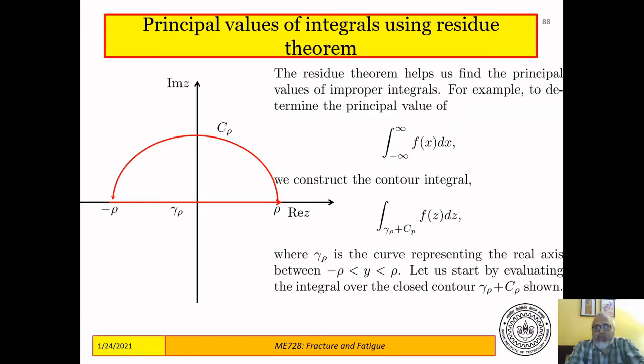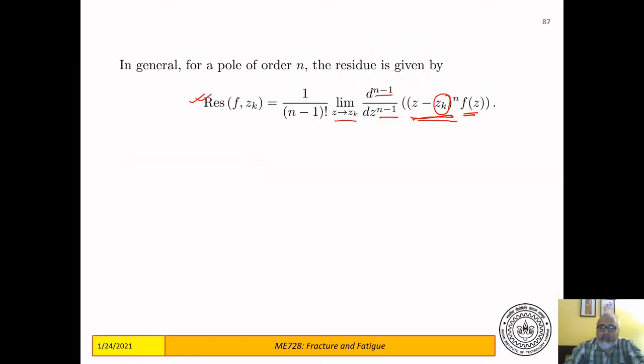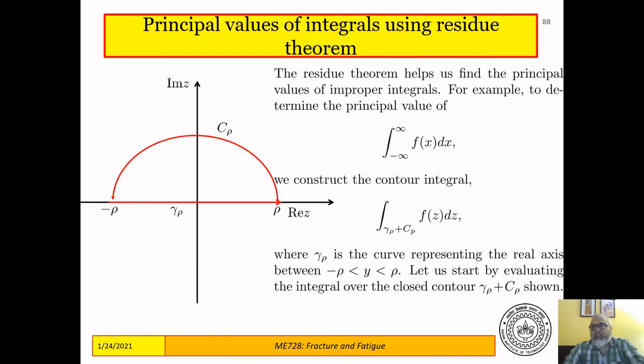So this theorem allows us to calculate integrals which are difficult to do, and it allows us to calculate the principal values of integrals which have infinite domains. For example, if I want to calculate an integral of this sort, this is an integral in a real variable x.